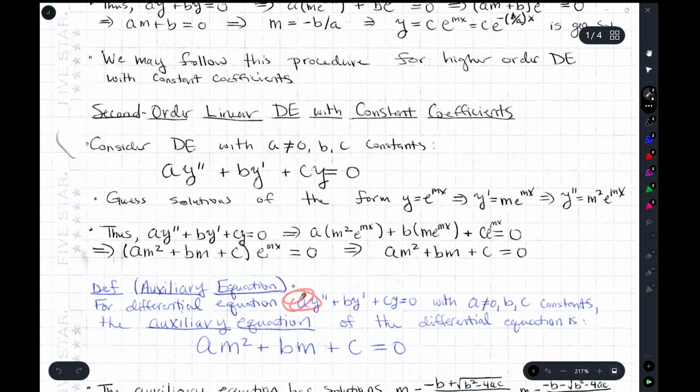And so you just take the coefficient of the second derivative, and you have this variable m squared, okay, the coefficient of the first derivative, and you have m. And notice the orders here are consistent. So this is m raised to the power 1, and this is the first derivative. This c is the 0th derivative, if you will, and this here is m to the 0, if you will. Okay, so the orders are consistent.